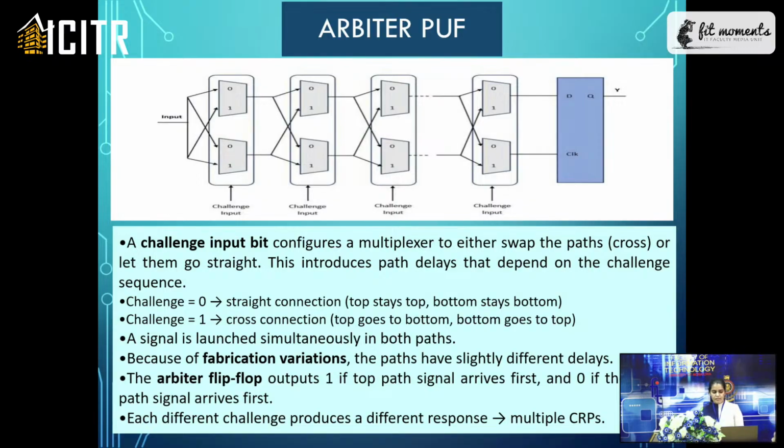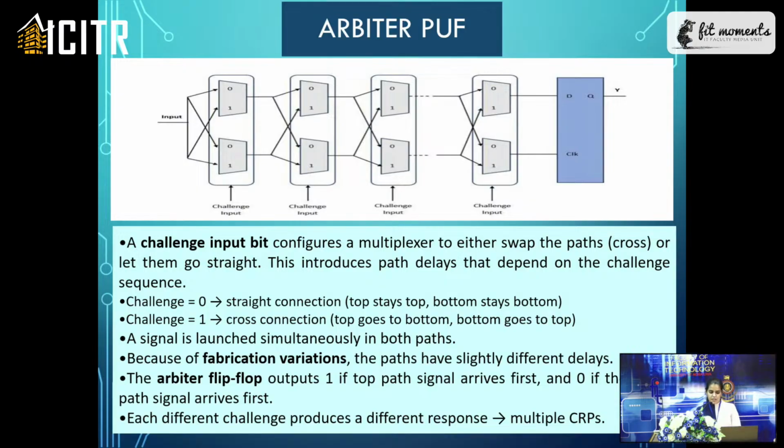The same trigger input is given to both multiplexers, and the path is decided according to the challenge. If the challenge is 0, the path stays at the top. Otherwise, the connection goes cross.